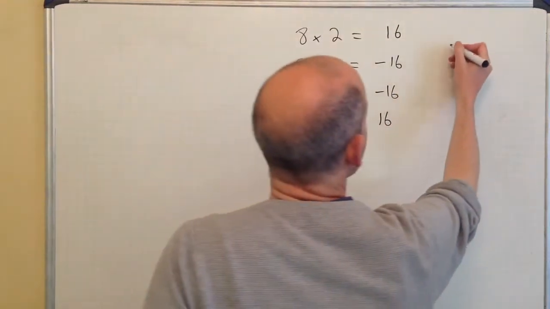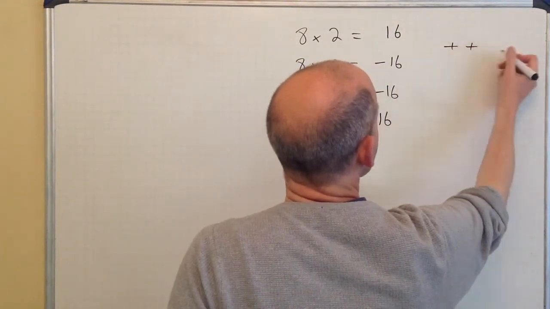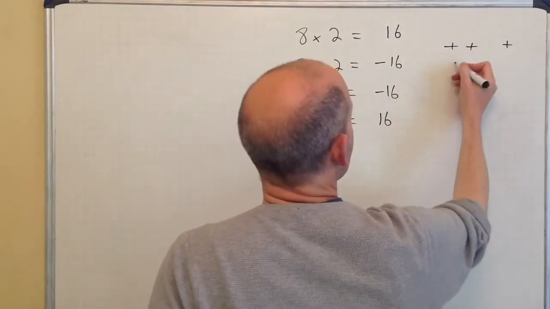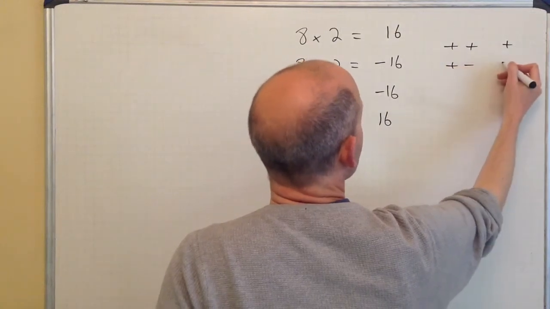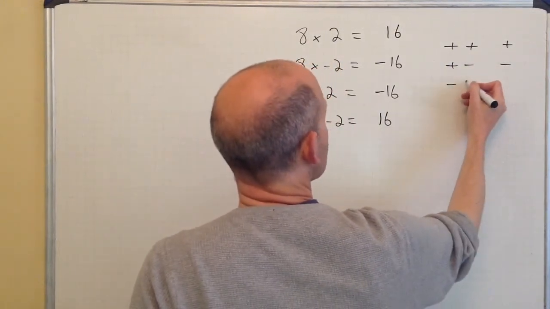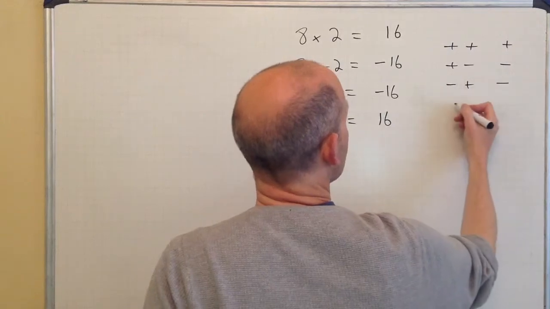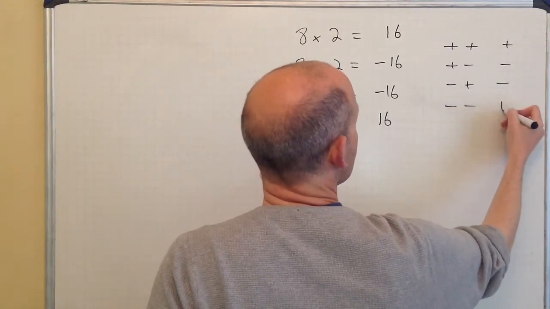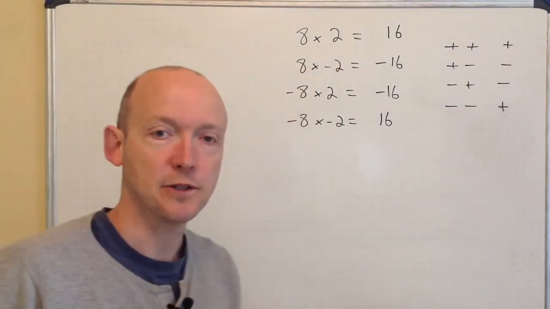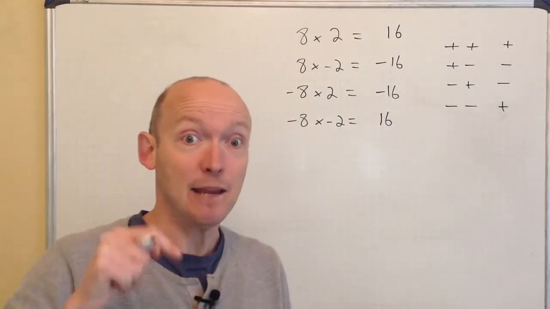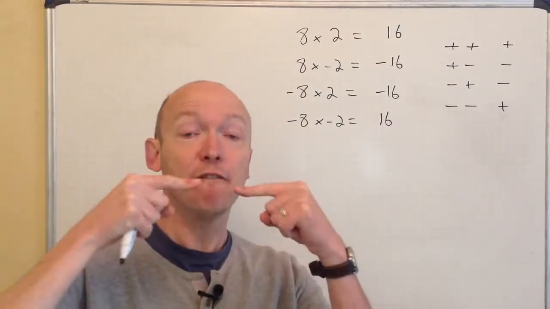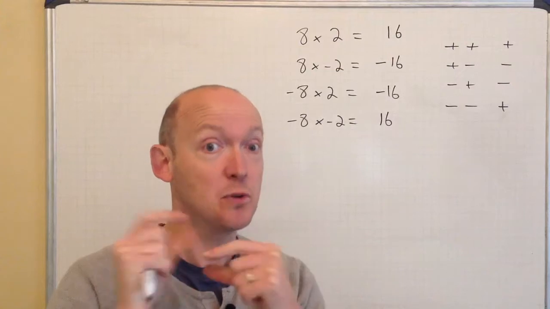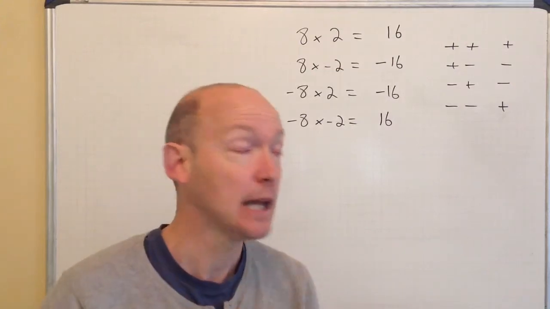And again, the rule is if you're multiplying a plus by a plus, you get a plus. A plus by a minus, you get a minus. A minus by a plus, you get a minus. And a minus by a minus, you get a plus. You may also want to note that that's exactly the same rule as we saw a second ago when they're physically next to each other. So those two sets of rules are the same.